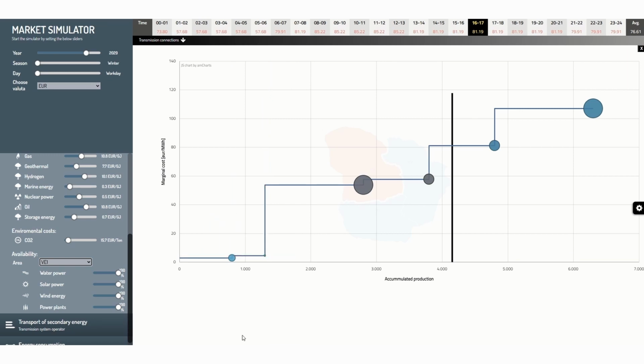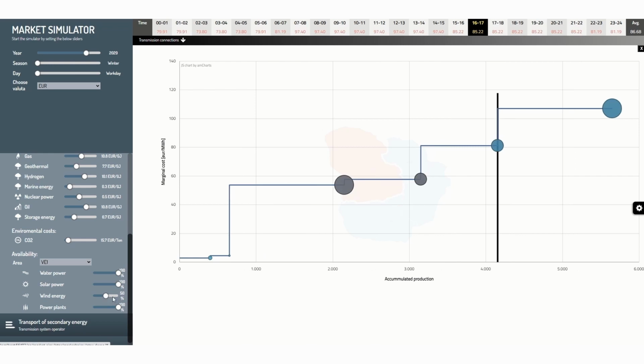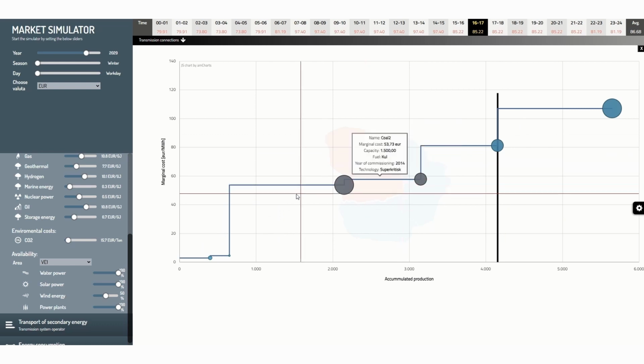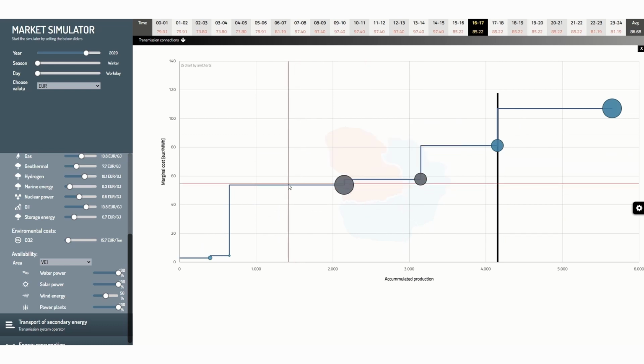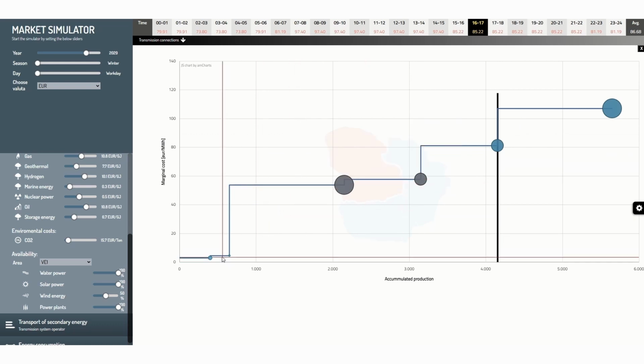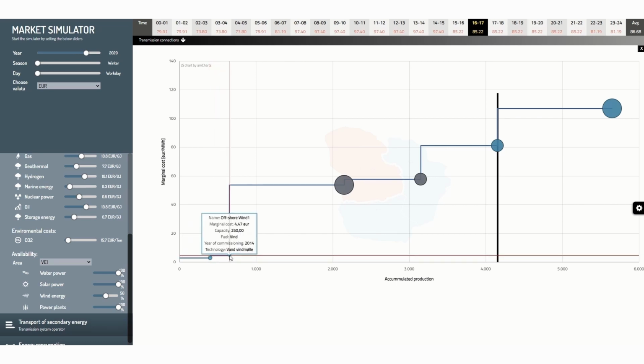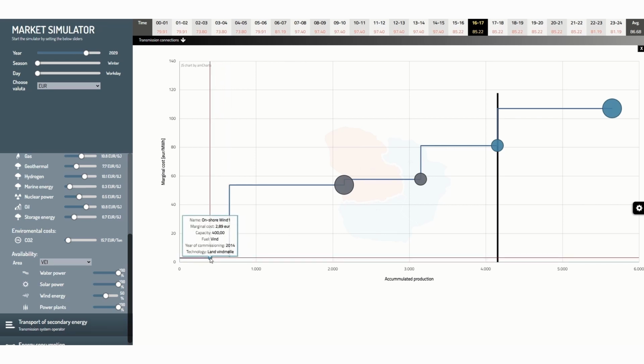But if I say, okay, we don't have this windy day, so the availability of wind will only be 50% here, then the supply curve will go to the left, because now the onshore and the offshore wind turbines will have reduced their capacity to half capacity.